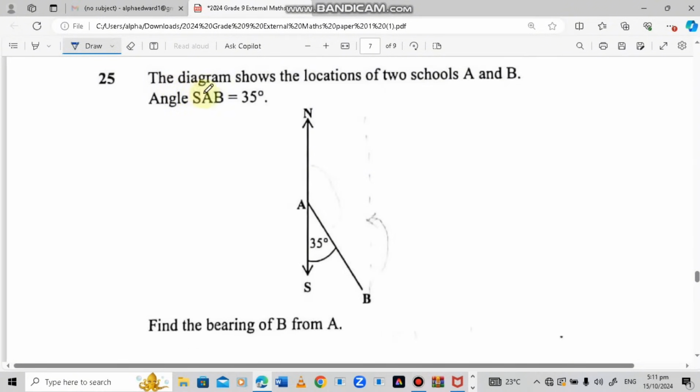Question 25. The diagram shows the locations of two schools A and B. Angle SAB is 35 degrees.